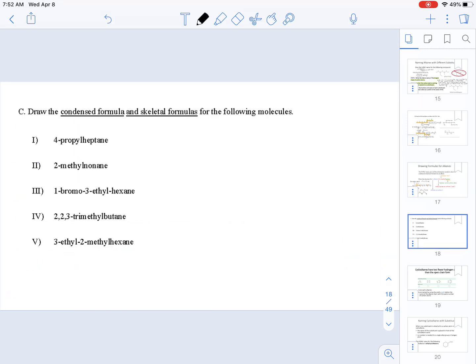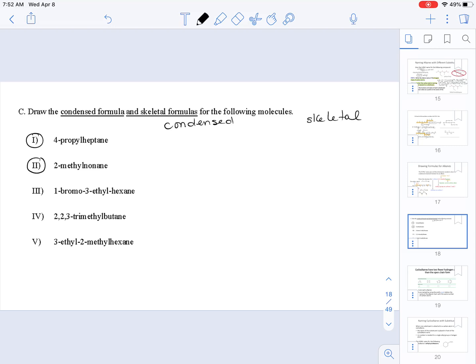Let's practice by drawing the condensed and skeletal formulas for the following molecules that we have on part C of the worksheet. Now, I'm going to be doing specifically Roman numeral 1 and Roman numeral 2. So first, I'm going to be writing the condensed structure, followed by the skeletal.